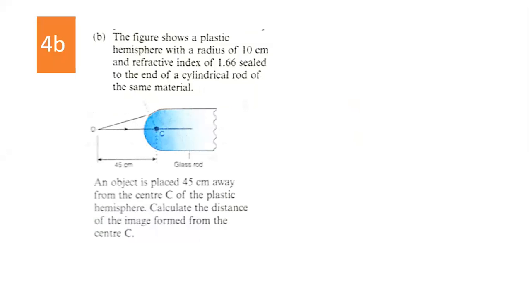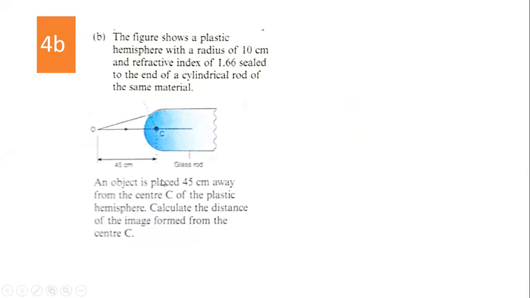Okay. The figure shows a plastic hemisphere with radius of curvature 10 cm and refractive index 1.66, sealed to the end of a cylindrical rod of same length, same material, sorry. Okay, you draw your diagram. That's the object.